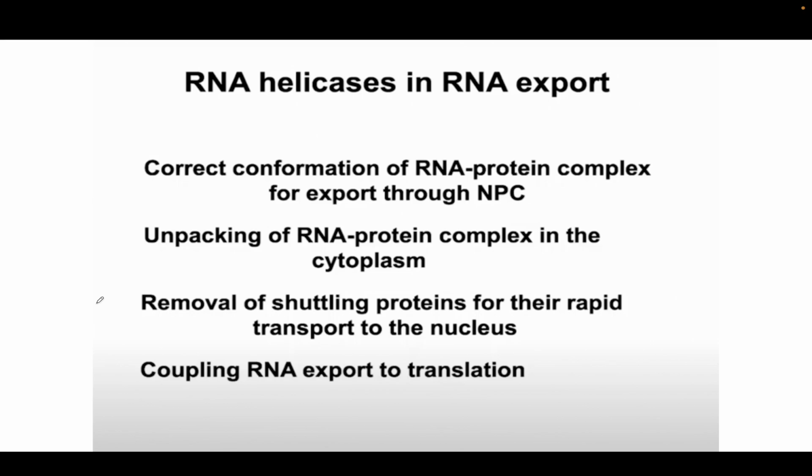This nuclear pore complex is present in the nuclear membrane, which is responsible for exporting or importing material between the nucleus and cytoplasm. We'll be discussing the nucleoprotein complex. So, correct conformation of RNA protein complex for export through the NPC.